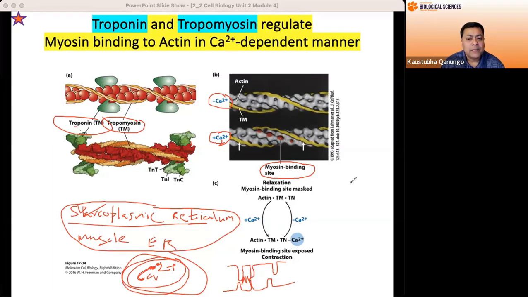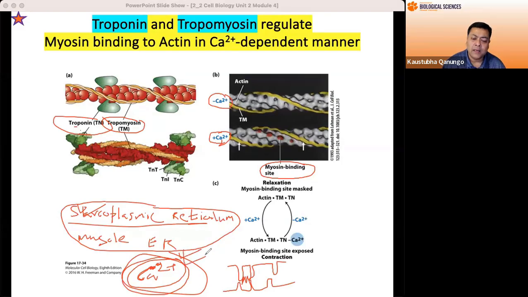Now, once these calciums are out, if you are constantly stimulating, the calcium does not go back. It takes a little bit of time for the calcium to go back. So when you're running a 50-meter or 100-meter dash or playing basketball, very high-intensity sports, in between the movement the calcium does not go back to the sarcoplasmic reticulum.